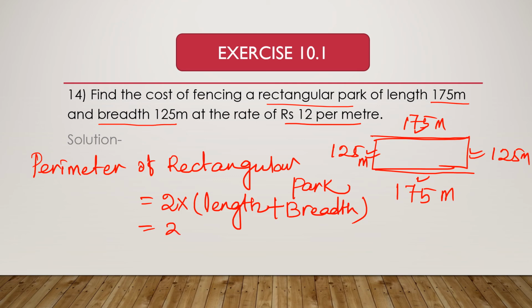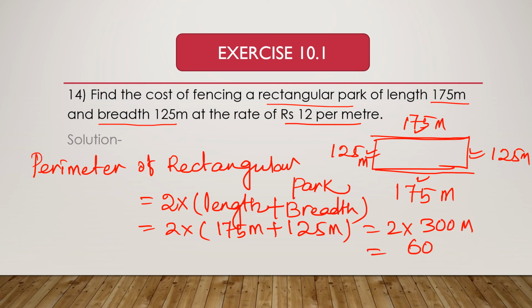That is 2 multiplied with 175 meter plus 125 meter. This will be 2 multiplied with 300 meter, as 175 plus 125 is 300. That is 2 multiplied with 300 is 600 meter.